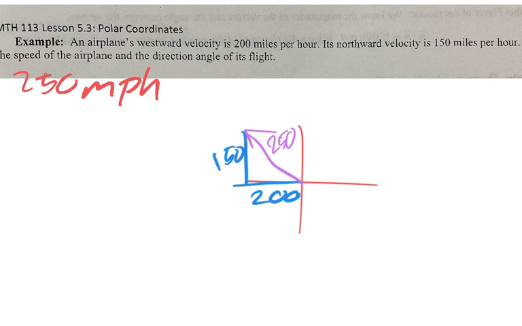What about its direction? I don't remember how they want me to answer this. I think it's going to be northwest, west of north, remember all the Sasquatch stuff. But I need to find this angle. That's the angle I'm looking for.